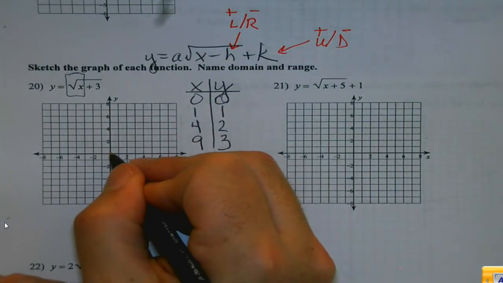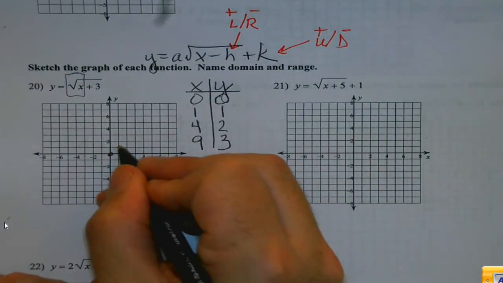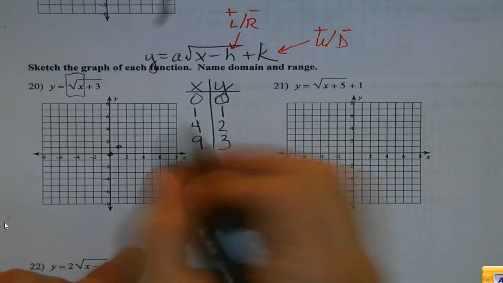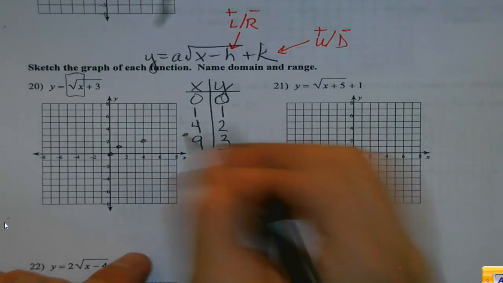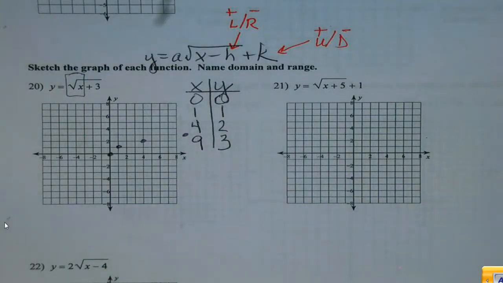So, I'm going to plot those points little. Now, sometimes we may have a little bit of a tricky time fitting them all in there. And that's life. So now, once I have those, now I look to see if I have any shifts.